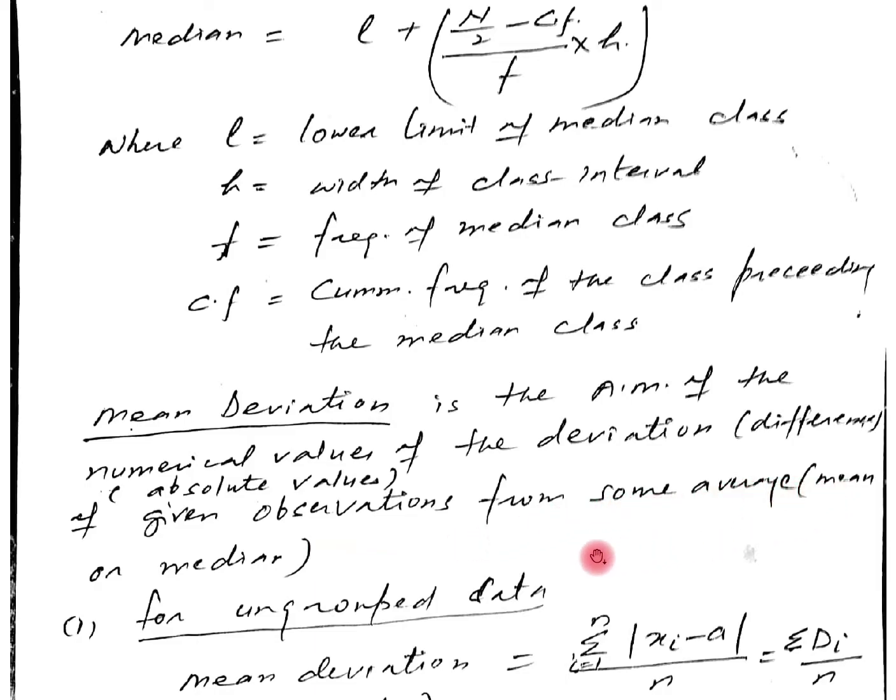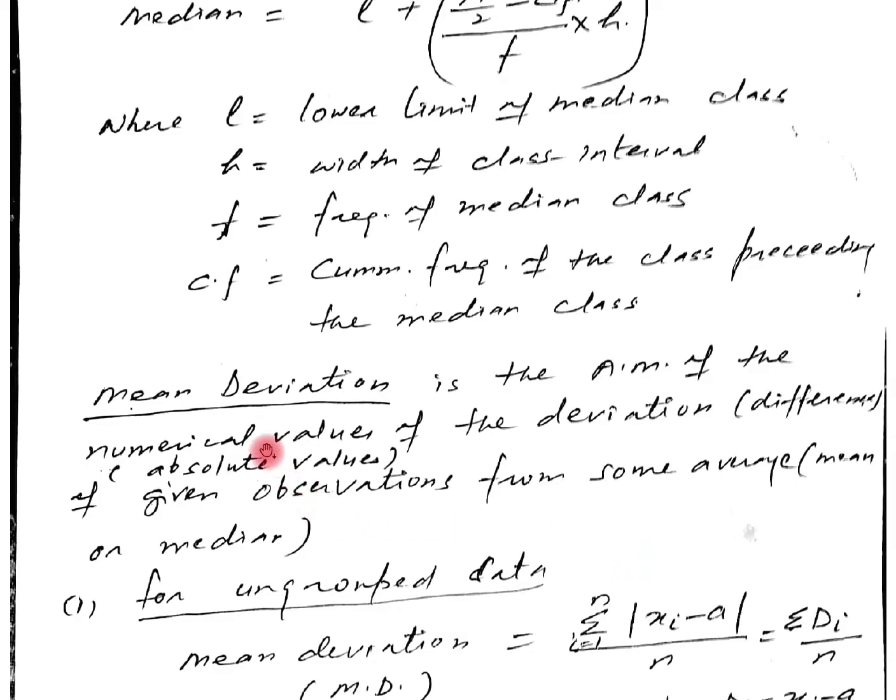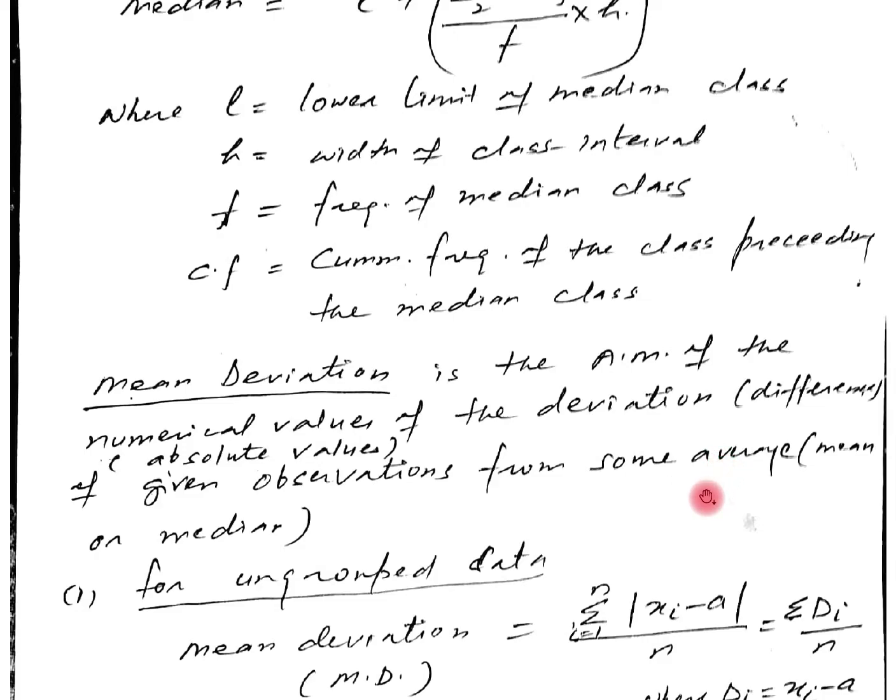Average may be the mean or median, because mean, median and mode are generally known as averages. So the mean deviation is the arithmetic mean of the numerical values, meaning absolute values. We have to take the positive values. Deviation means difference of given observation from some average. It is mentioned in the question whether we have to find the mean deviation from the mean or from the median. It is always mentioned in the question.